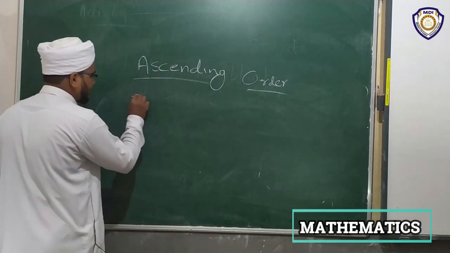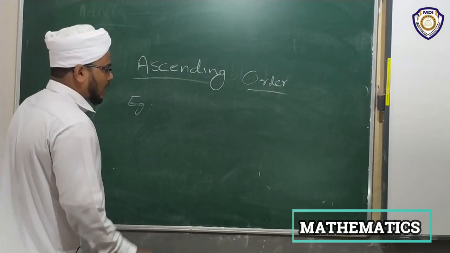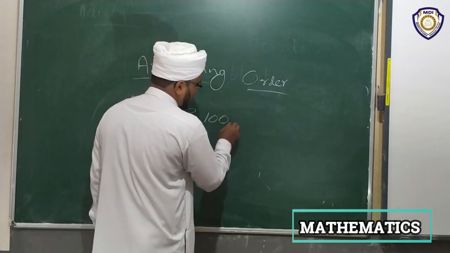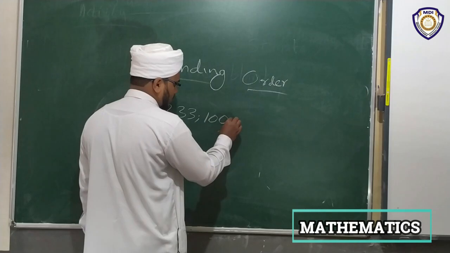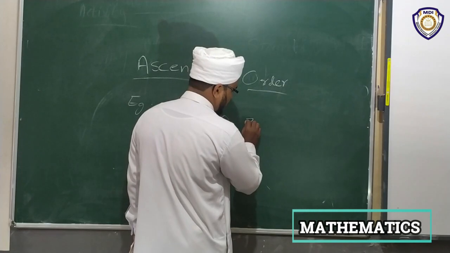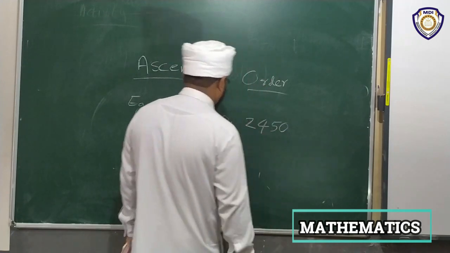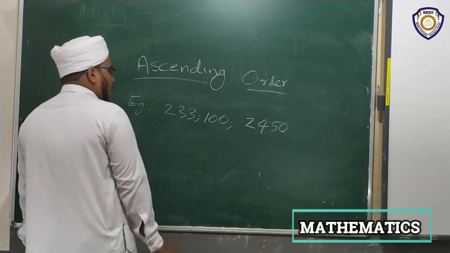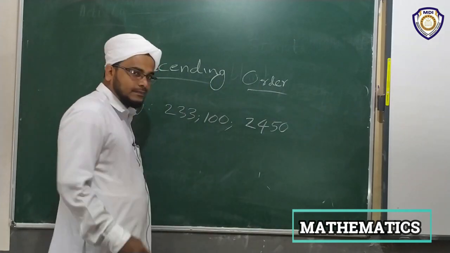An example. There are three numbers. How can we write these numbers in ascending order?